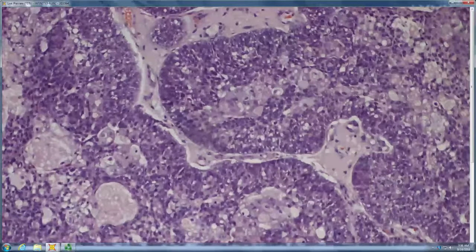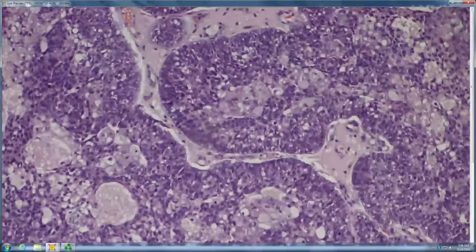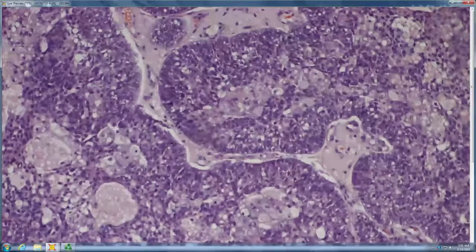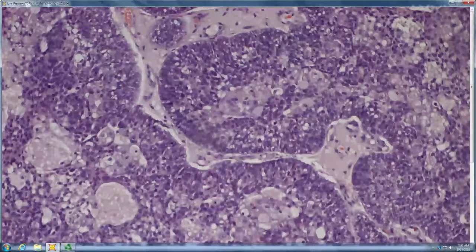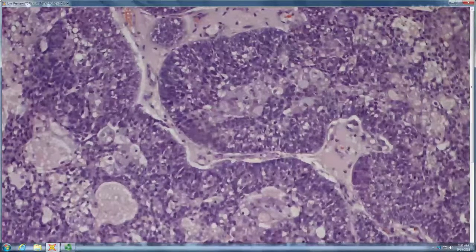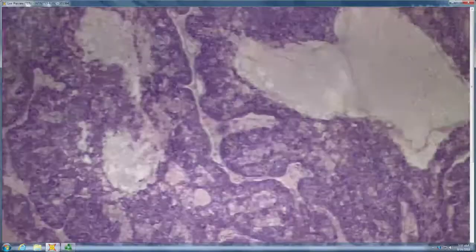Blue tumor, clear cells, or blue tumor, red duct would both be sebaceous.